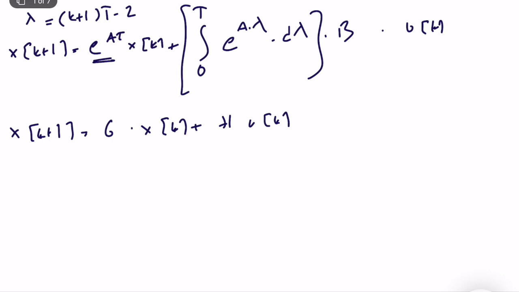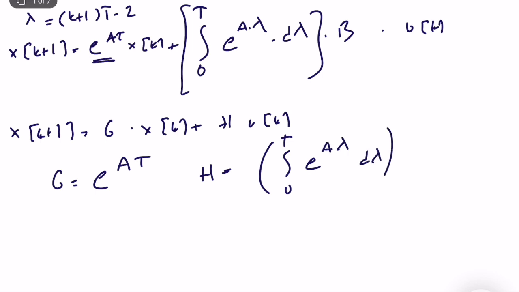But as you can see, I already computed that. So what is G? The discretized system matrix is equal to e to the power A capital T, where capital T is the sampling time, and the discretized input matrix H is equal to the integral from 0 to T of e to the power A lambda d lambda times B. Since e to the power A is a matrix function, and if you already know e to the power A as a function of any variable, the integral is not that hard.